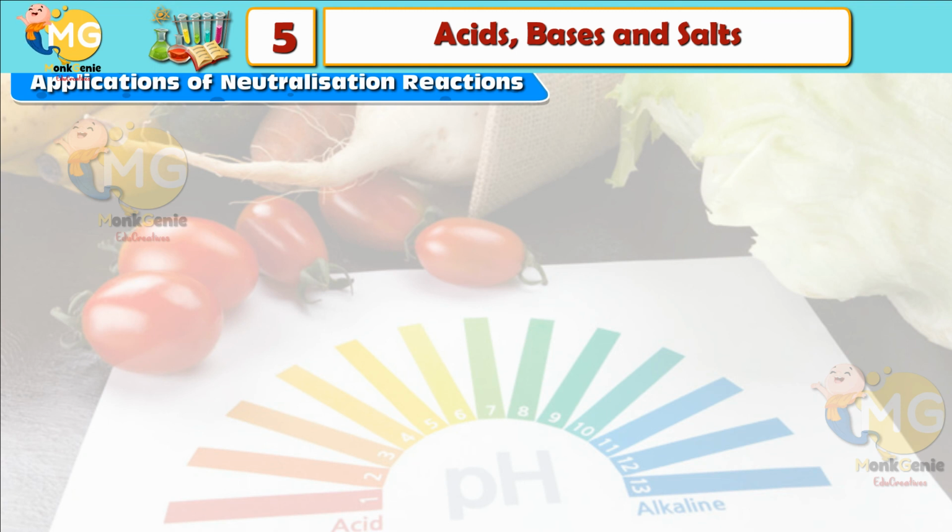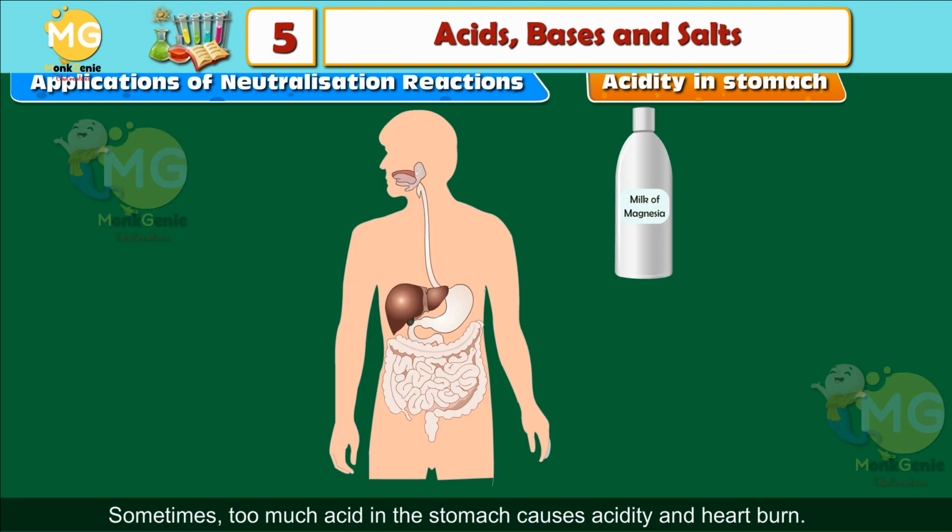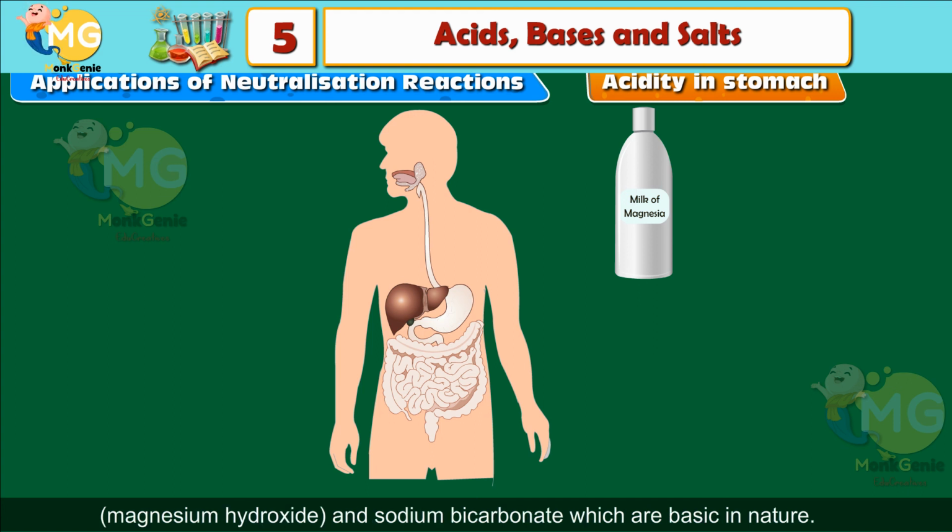Applications of neutralization reactions. Acidity in stomach. Sometimes too much acid in the stomach causes acidity and heartburn. In this condition, doctors advise antacids such as milk of magnesia, that is magnesium hydroxide, and sodium bicarbonate, which are basic in nature.